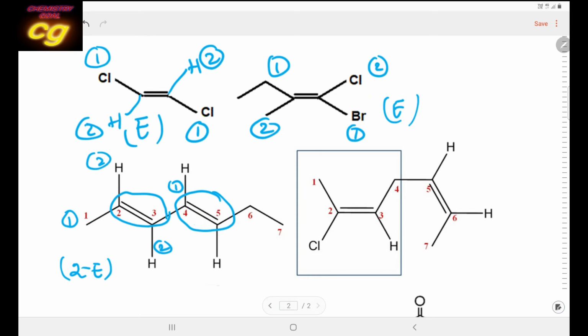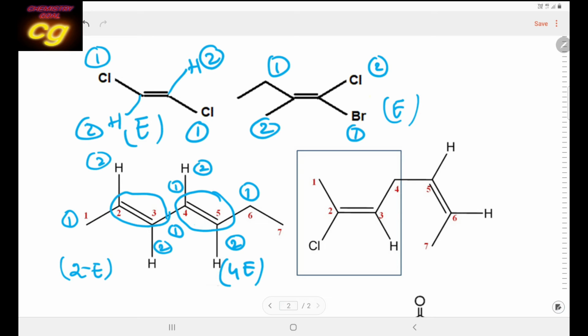And here what happens, here that is carbon number 4, this is carbon, this is hydrogen, this is 1, and this will be 2, and in this case this is a bigger group, this is smaller group, this is 1 and this is 2. So this is 1 and this is 2 and this is 2 1, 1 1 opposite, so that is also 4E.